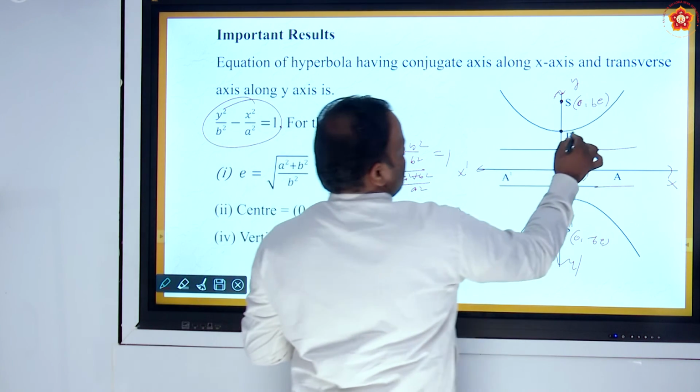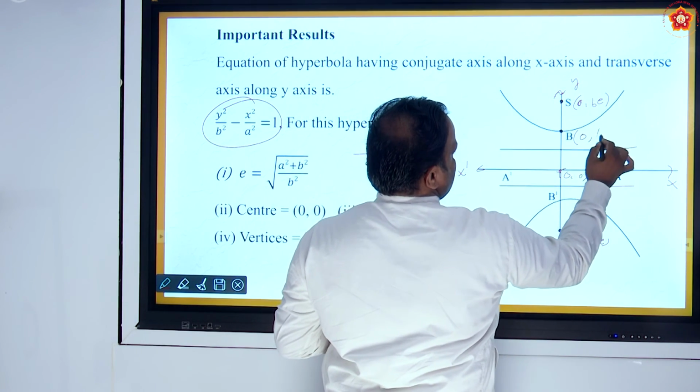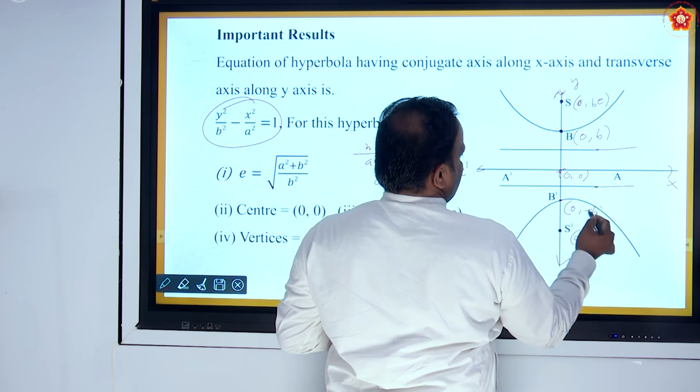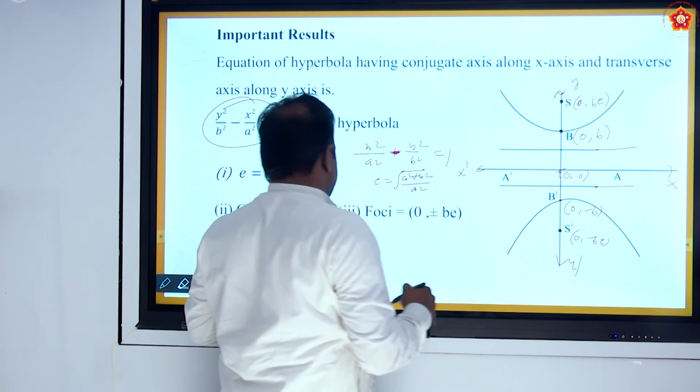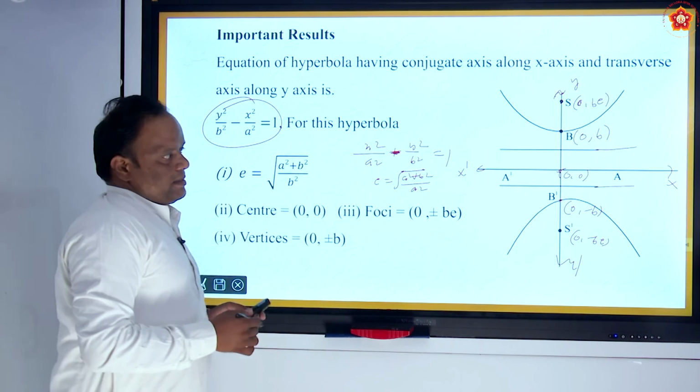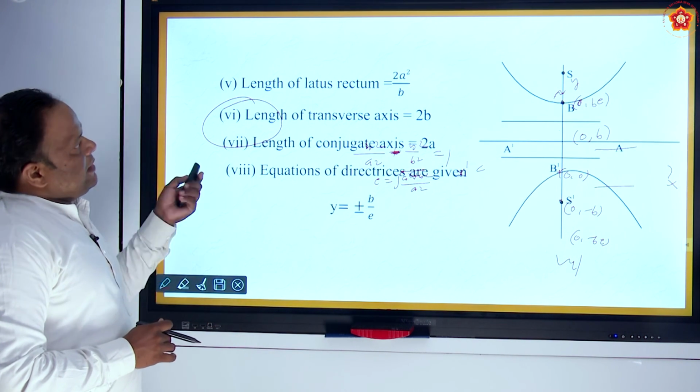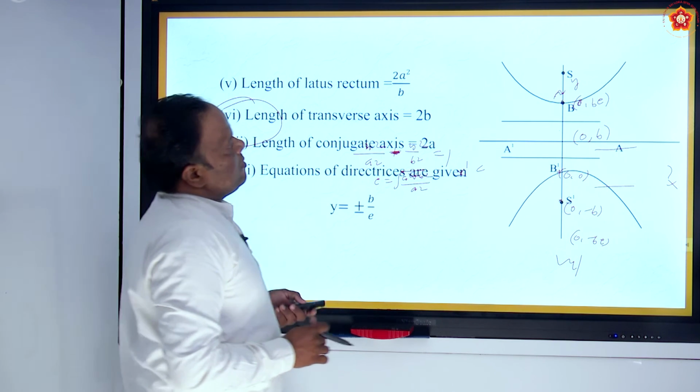Vertices: clearly the x coordinate is 0, this is 0 comma b and this is 0 comma minus b, combined 0 comma plus or minus b. These are the vertices, interchanging a and b here. Next, length of latus rectum is 2a square by b.